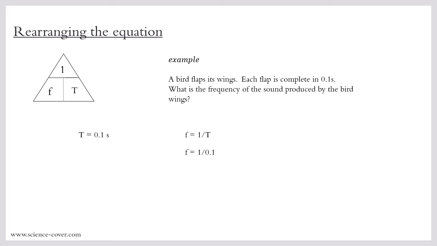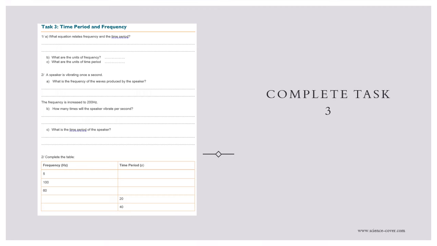So the frequency is equal to 1 divided by 0.1. 1 divided by 0.1 gives us 10. So the frequency of the bird's wings is 10 Hz. This is below the human hearing range. Pause the video now and complete task 3.